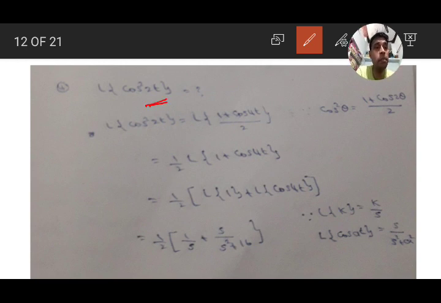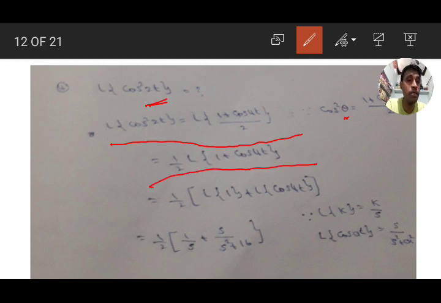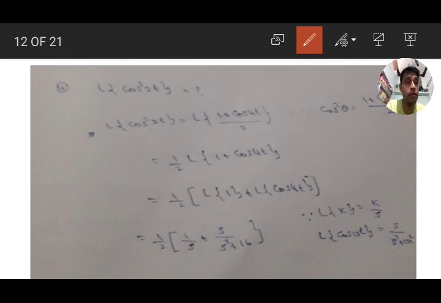Substituting 2t in place of theta, we get L of 1 plus cos 4t by 2. Here the 1 by 2 is a constant outside. So 1 by 2 outside, and L of 1 plus cos 4t. Here two functions, by the same linearity property we get L of 1 plus L of cos 4t.